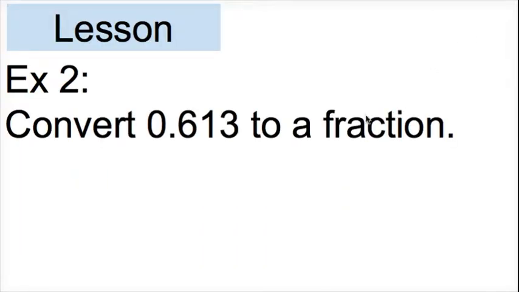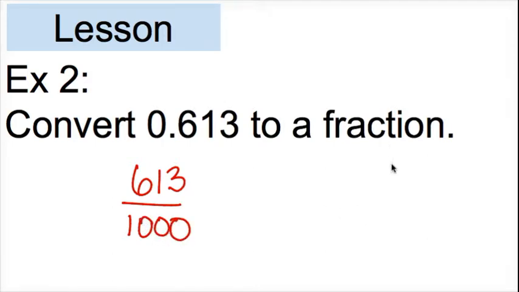Example 2. We're going to convert 613 thousandths to a fraction. Now, if reading this decimal correctly makes sense, we can get straight to the answer. This is 613 thousandths. Remember our place value? The 6 is in the tenths place. The 1 is in the hundredths place. The 3 is in the thousandths place. So I have 613 thousandths.